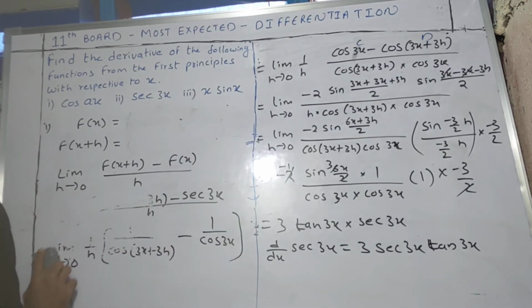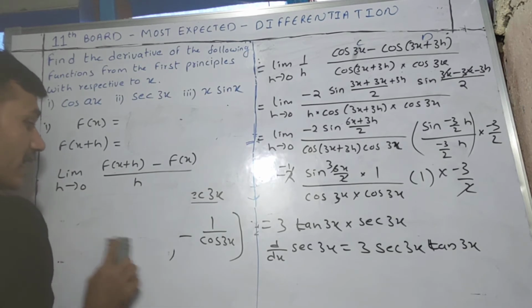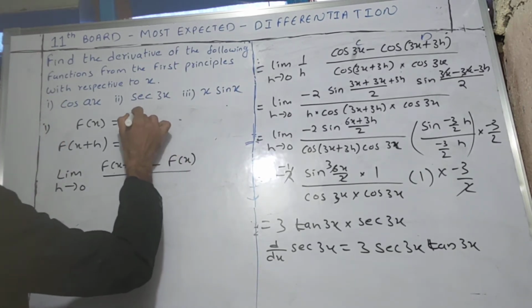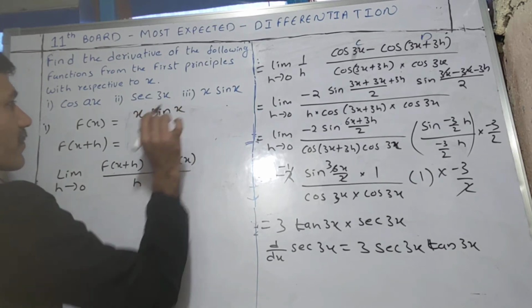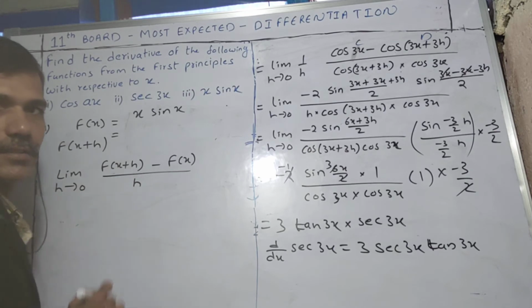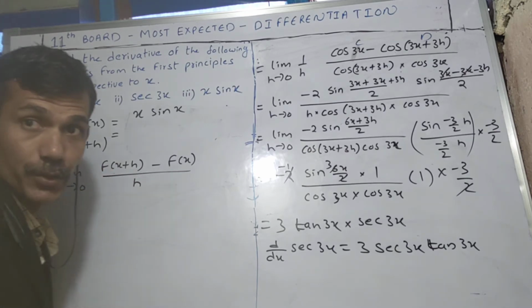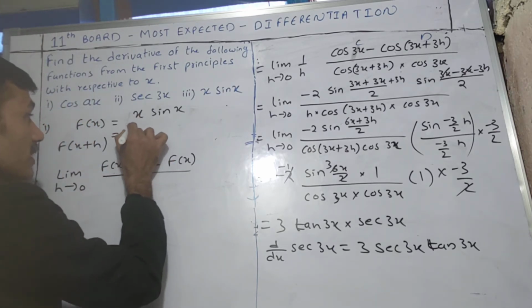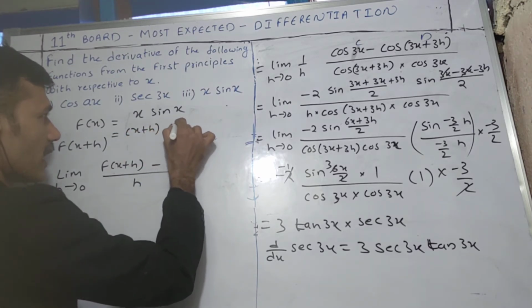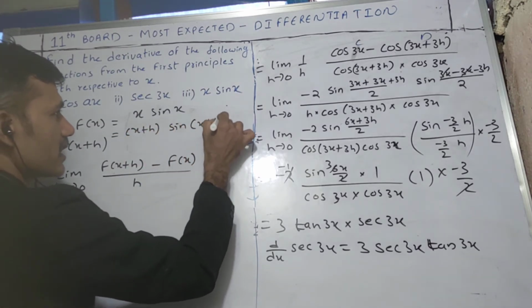Okay, we are finding the derivatives. See, another function, x times sin x, is there. Okay, x times sin x means, see, f of x plus h value you want to find, so we have to write x plus h. Here also sine x plus h.